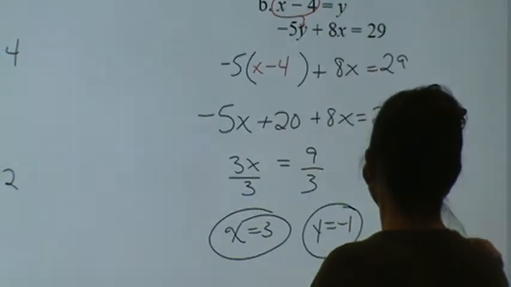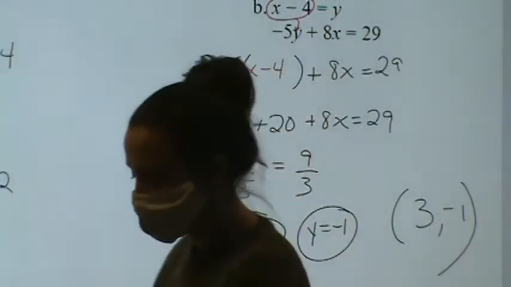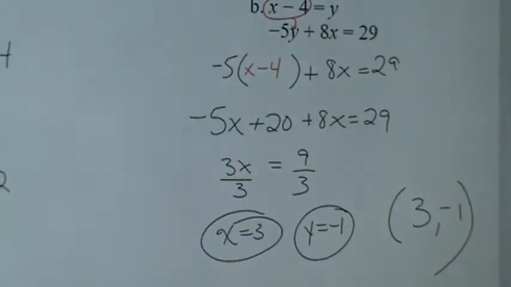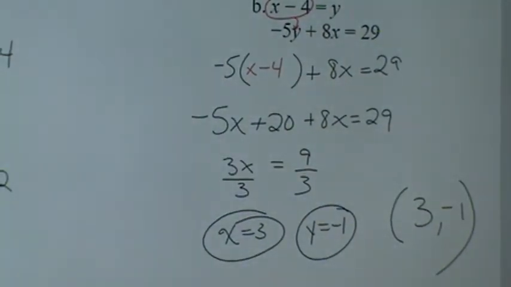Okay, for this one you should be getting x equals 3, y equals -1, so your coordinate point is 3, -1.